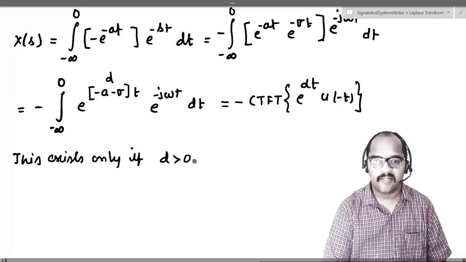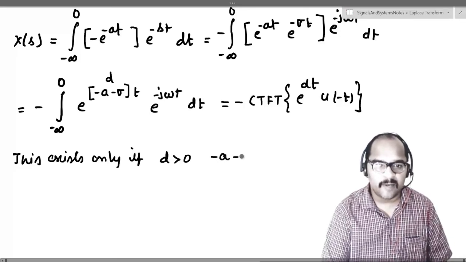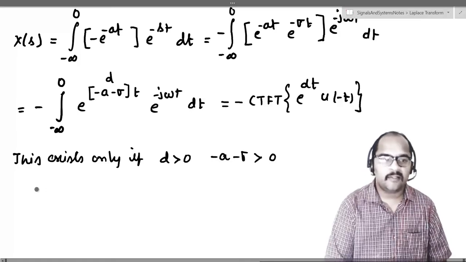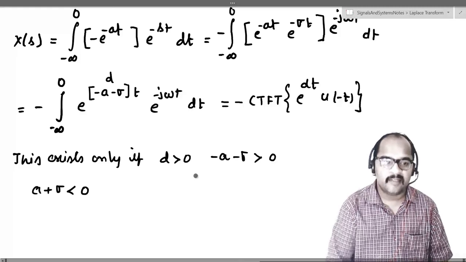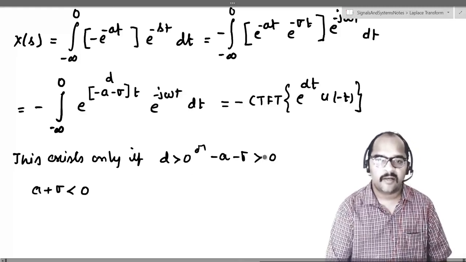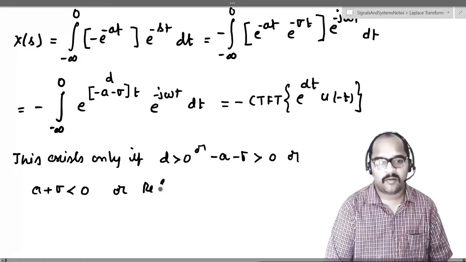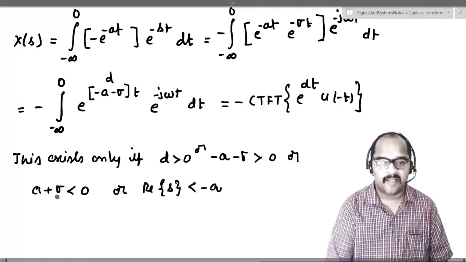So only if d is greater than 0. But what is d? D is minus a minus sigma, which should be greater than 0, or we say a plus sigma should be less than 0.